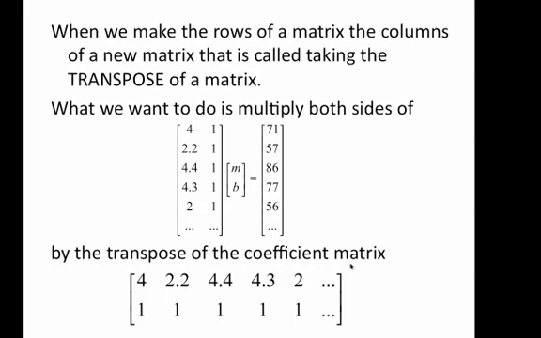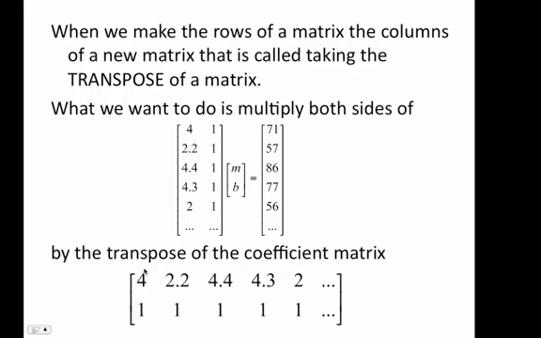When we make the rows of a matrix the columns of a new matrix, we call it the transpose. So what we do is take the rows of the matrix and turn them into columns. Or you could say take the columns and turn them into rows. Either way, you'll notice here we've got a row of 4, 1.